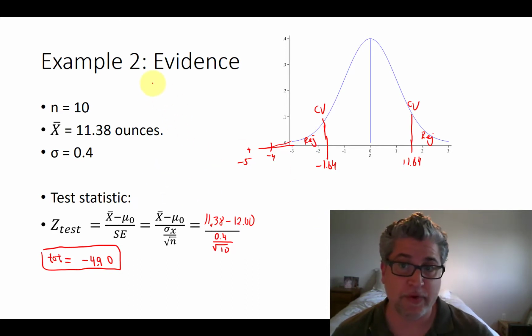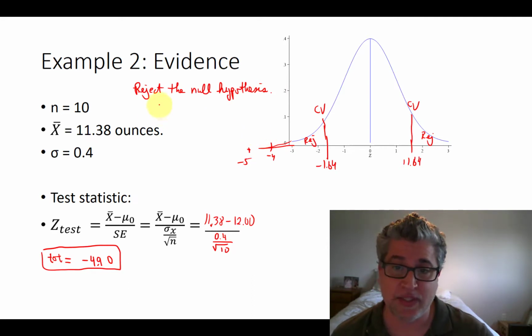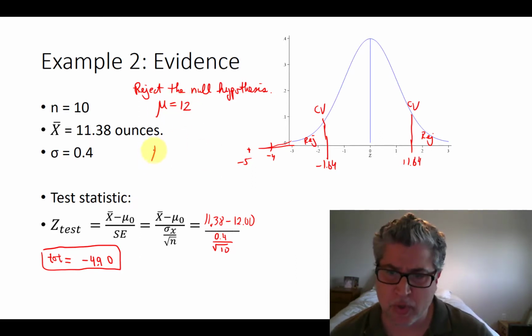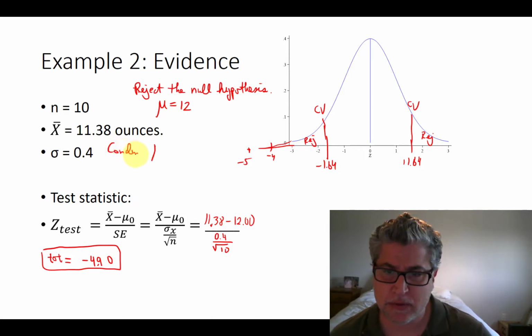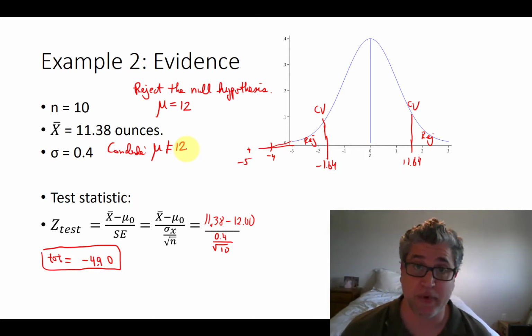So what are we rejecting? We reject the null hypothesis. Our null hypothesis was that the actual fill rate was 12 ounces. So what do we conclude? We conclude that the actual fill rate is not 12. There's something wrong with our machine. Shut it down and recalibrate.